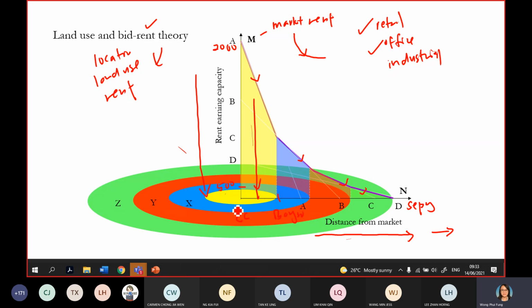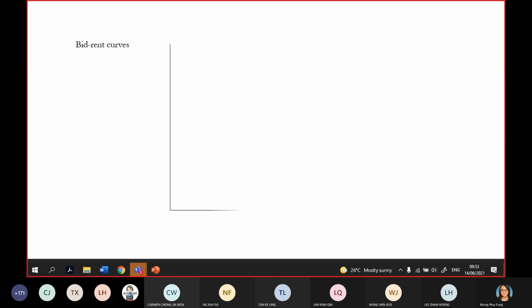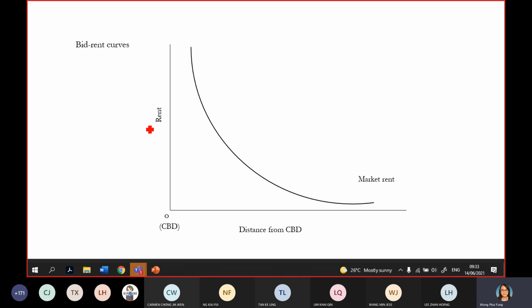So that's why they will choose to locate their business in this area. All right, okay, so this is the curve that was generated just now.